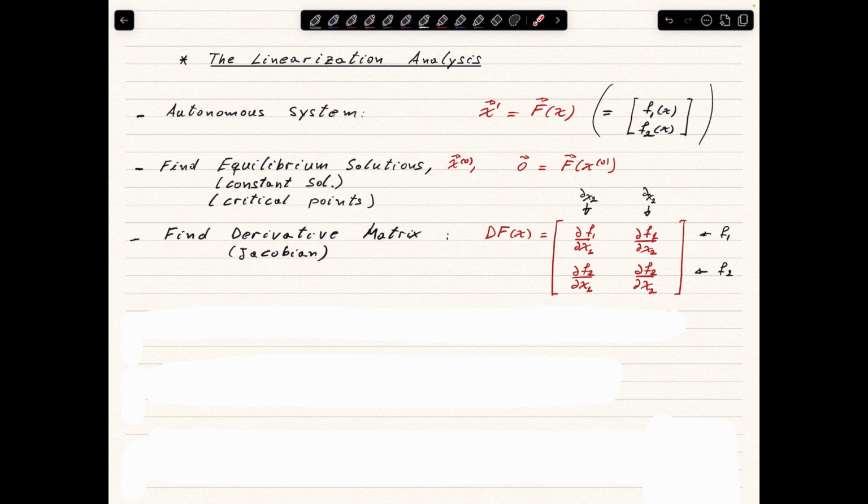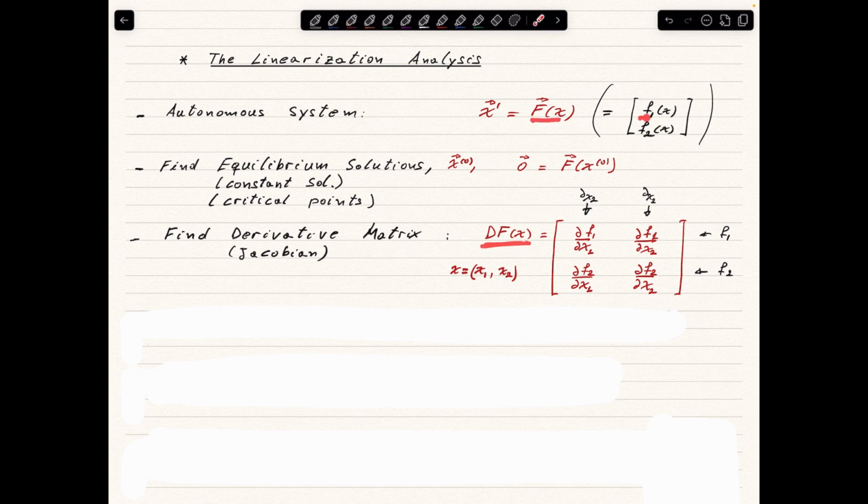Here we are using the convention, I didn't say it, but at some point we should say that x is actually a vector or a point with two components, x1 and x2, and using this notation, this is how we construct the derivative matrix.